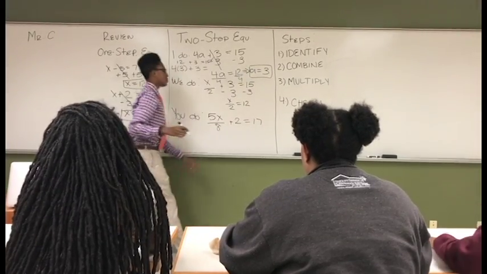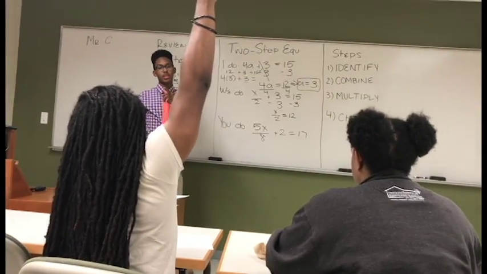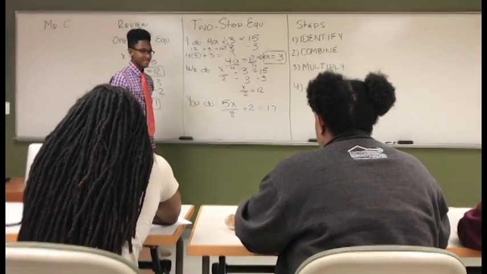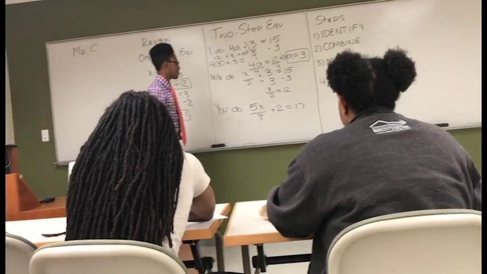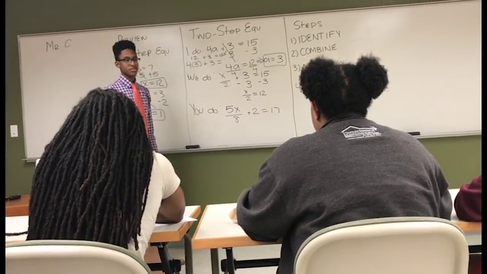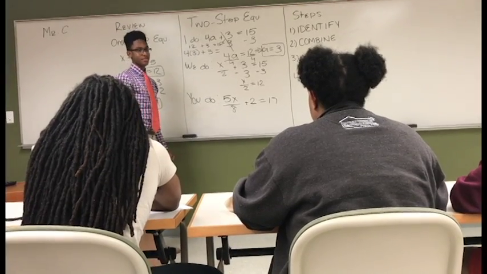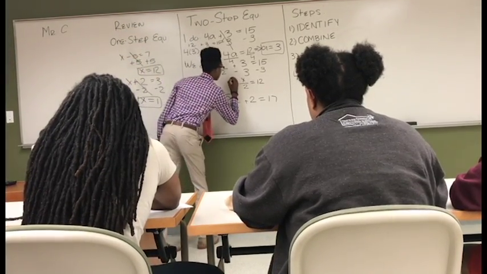Now, what should I do now? Yes, Nia, go ahead. You said we do the opposite, so I guess if it's a fraction, it's like division, right? Correct. So we're going to times the 2 on both sides.